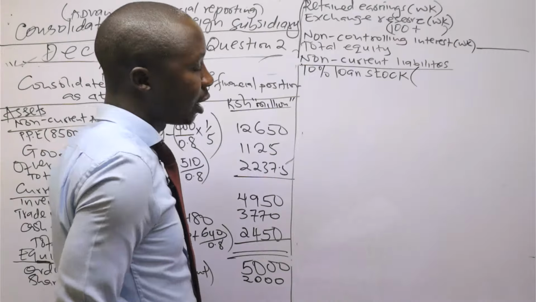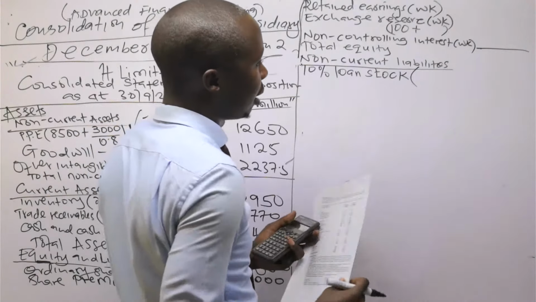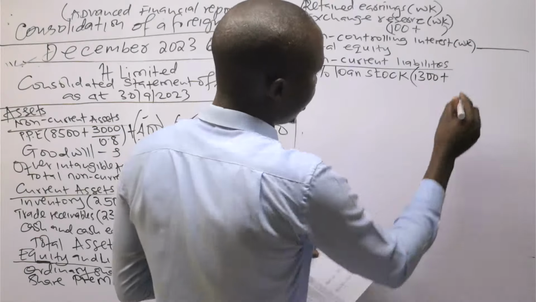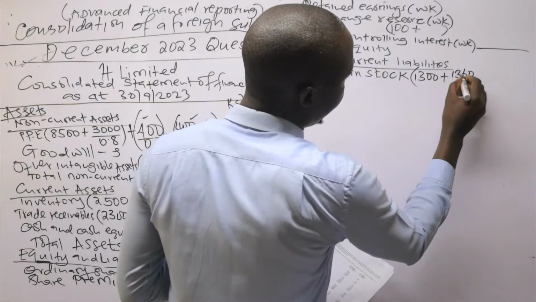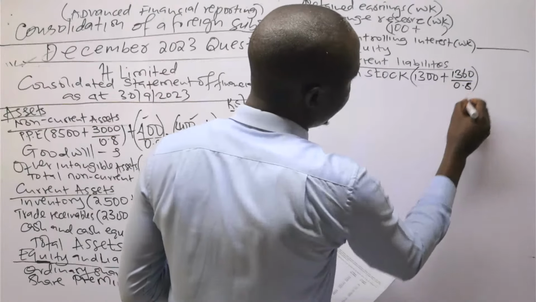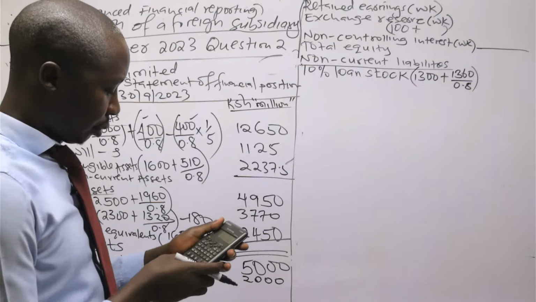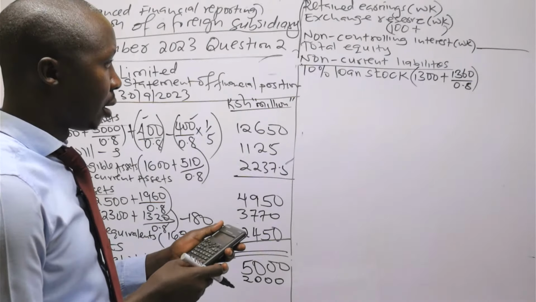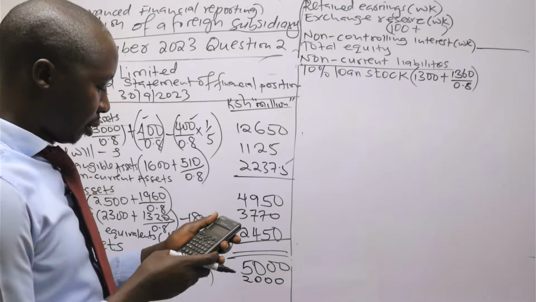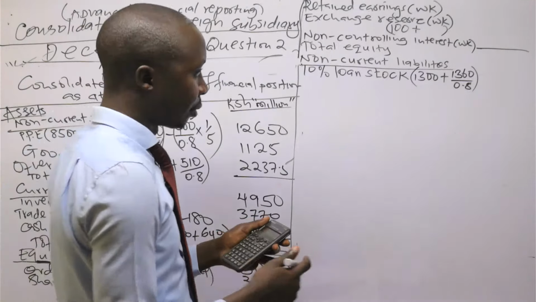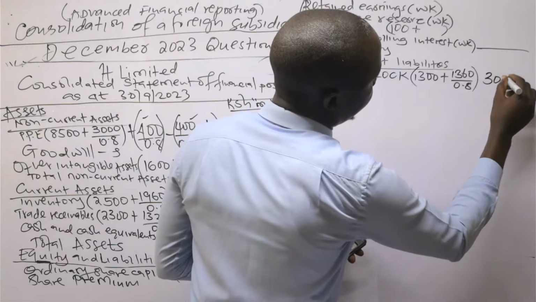So the parent value is 1,300 plus 1,360 divided by 0.8. Remember that assets and liabilities are translated at closing rate. So 1,300 plus 1,360, you divide by 0.8. So this is 3,000.